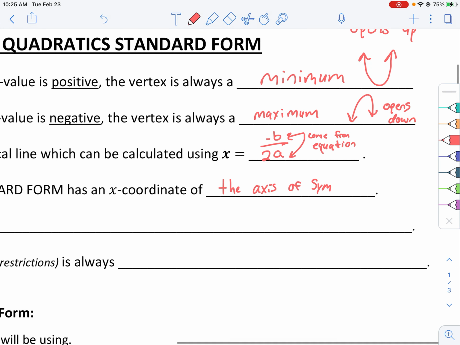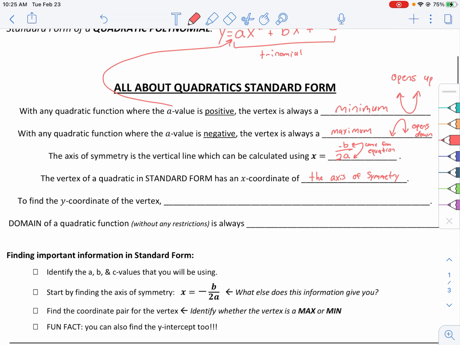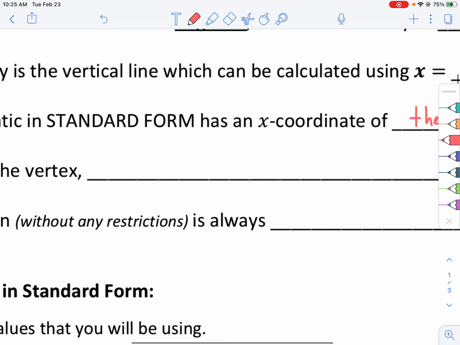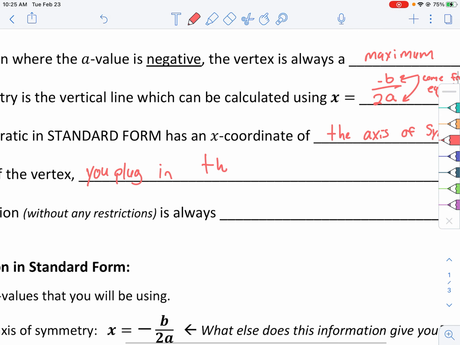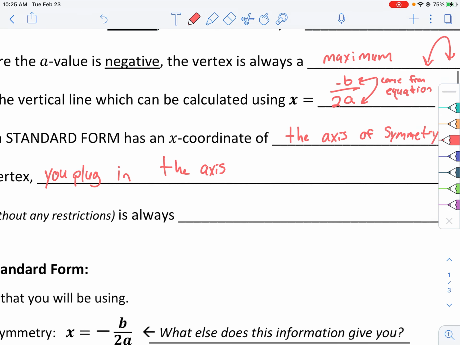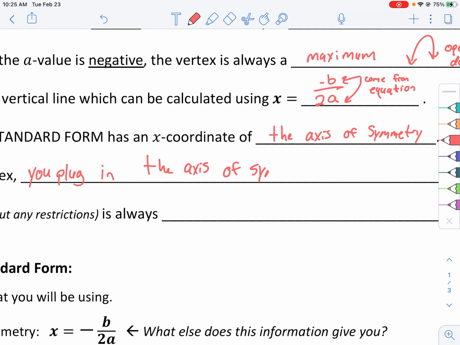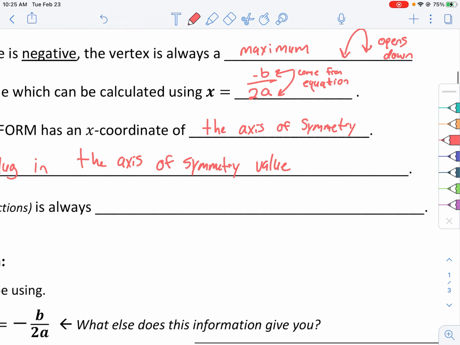So literally, that value that you get out from the axis of symmetry is the same x value as the vertex. To find the y-coordinate of the vertex, you plug in the axis of symmetry value for x.